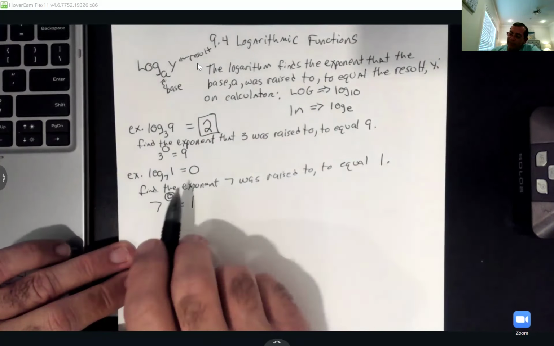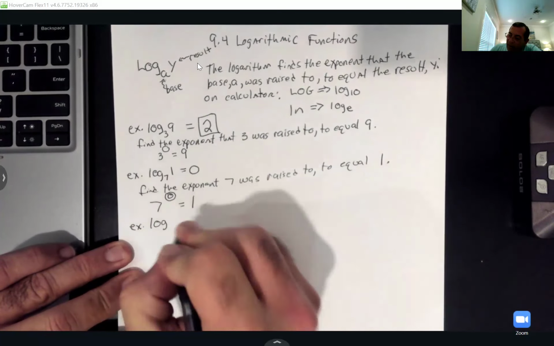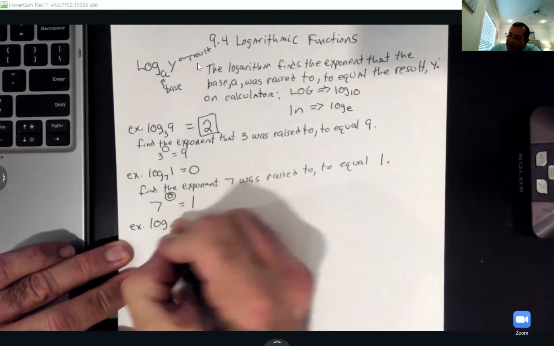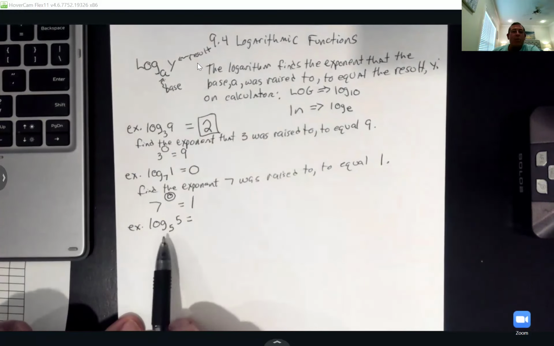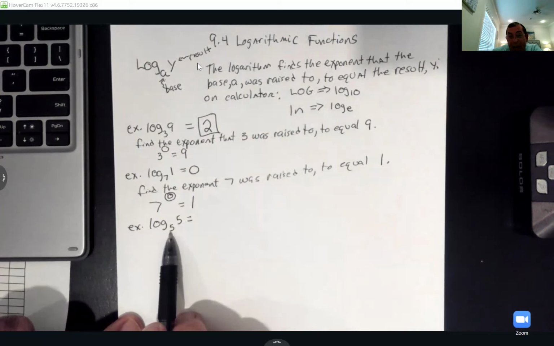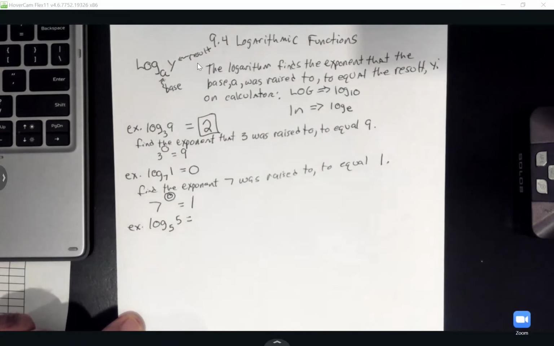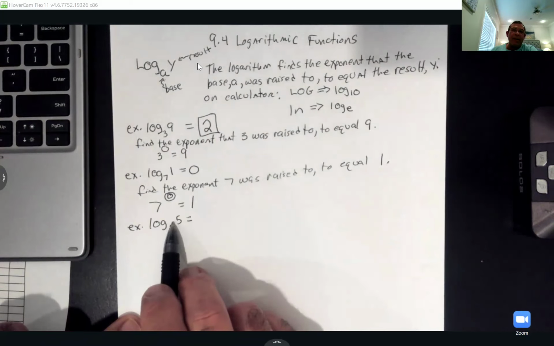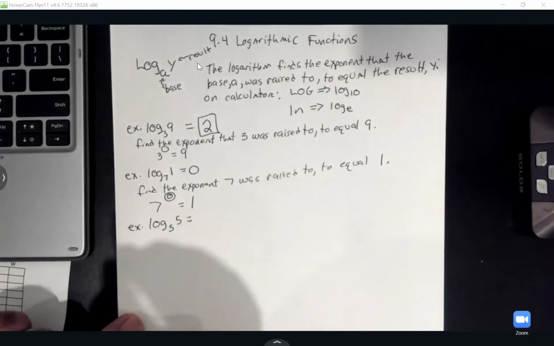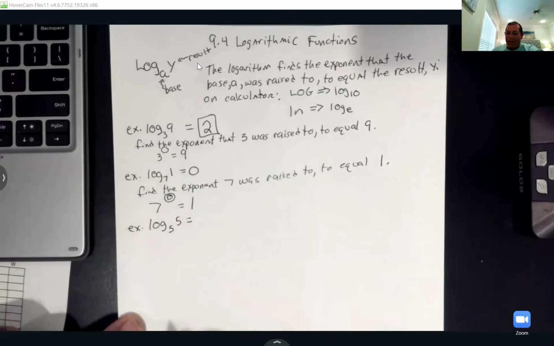Now, how about a log base 5 of 5? What exponent would I raise 5 to equal 5? It's 1.